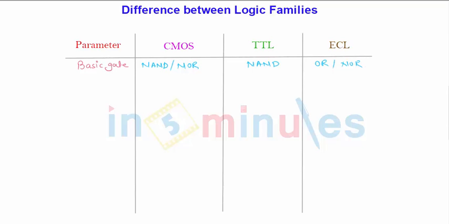The second parameter is a very important one, fan out. Fan out means the number of similar gates driven by the same gate. With one CMOS NAND gate you can drive almost more than 50 NAND gates.